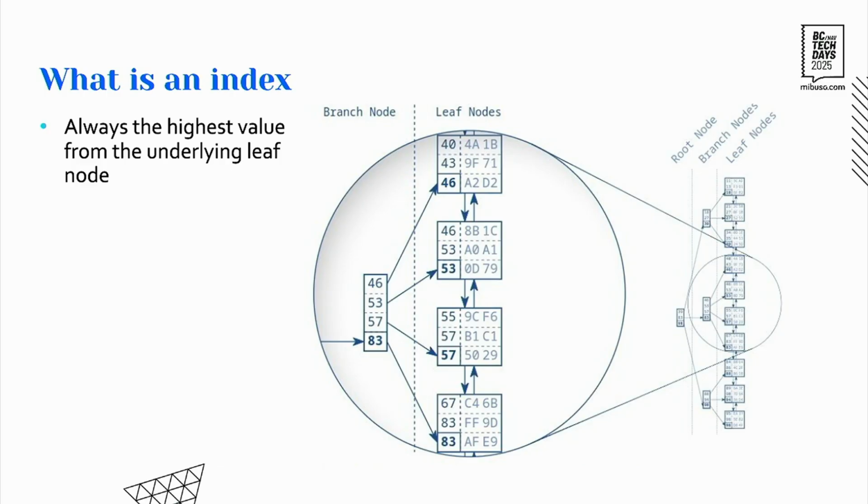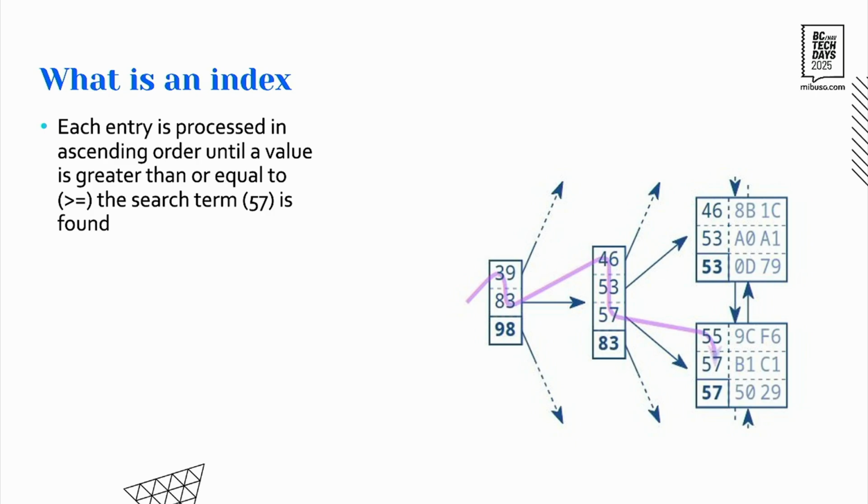Now if we take an example and simulate how SQL Server looks for a value, say we take 57 as our sample value. It will go through the level it's looking at, searching in ascending order until it finds a value greater or equal to the one it's searching for.